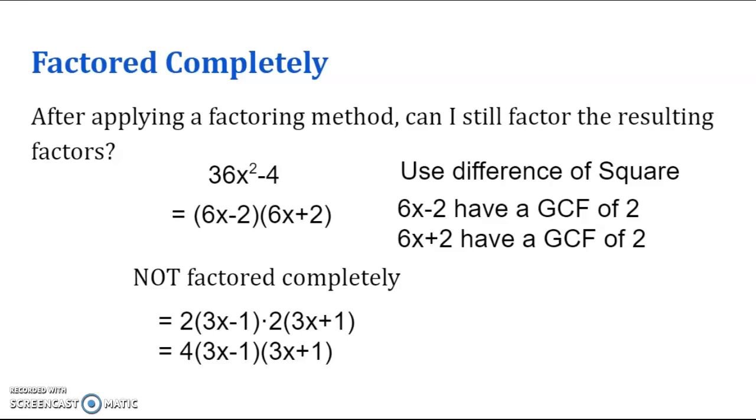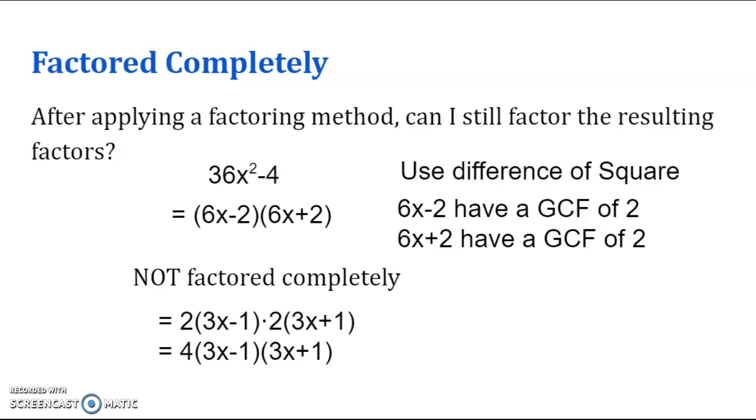But just say that you did not notice that, and you just factored it as a difference of squares, then 6x minus 2 and 6x plus 2. Now you should be asking yourself, is there a GCF I can take out of 6x minus 2? What about 6x plus 2? Yes, they both have a GCF of 2.